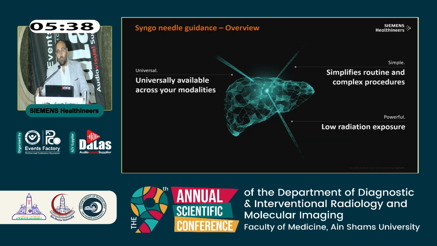So again, we are searching for our 3 criteria. The software is simple. It's just one click. I need to define my path after taking my cone-beam CT, the target point and the entry point, and the system will do the rest.